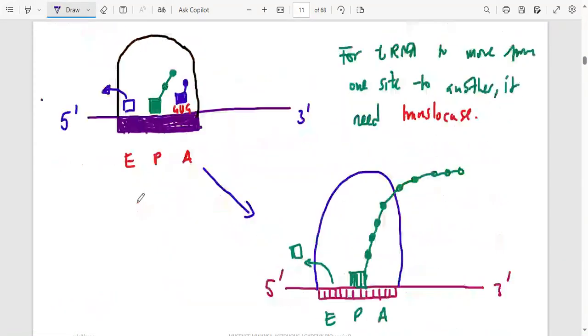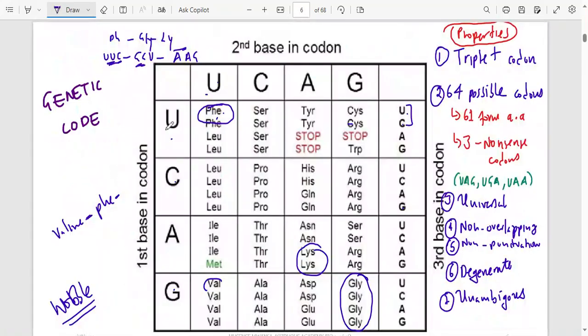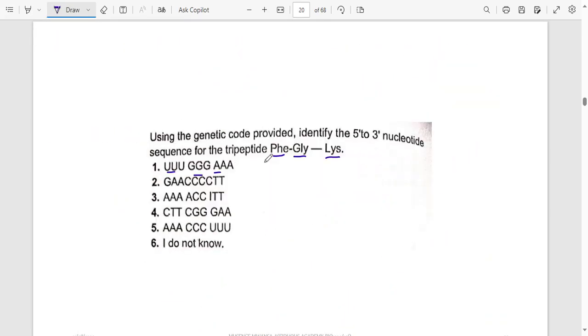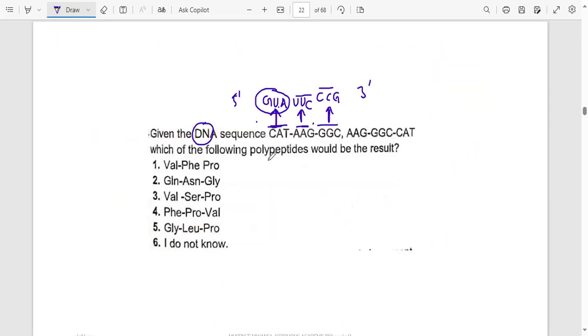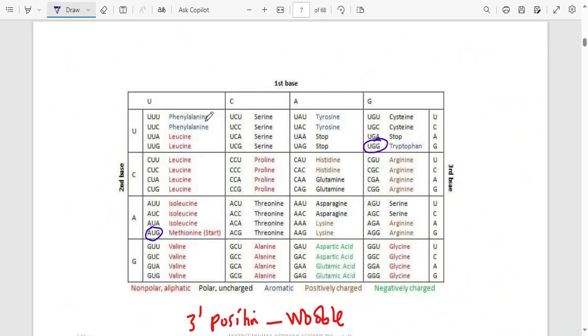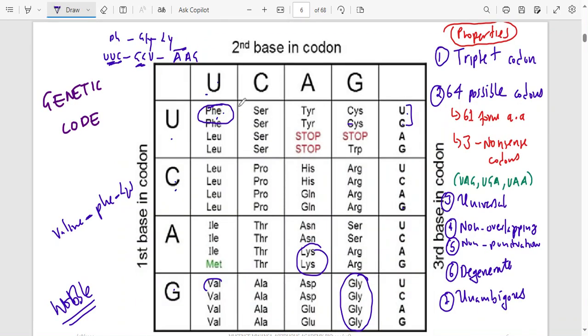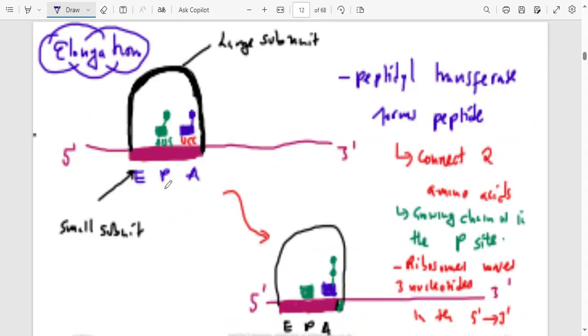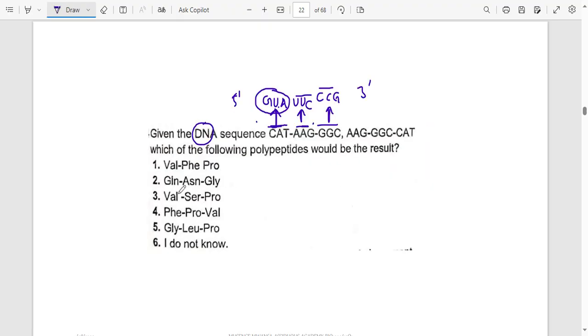AAA. Hope it's the one. If it is AAA, that is giving us lysine. So it's supposed to be valine, phenylalanine, lysine. Actually, this was CCG. That's proline. So valine, phenylalanine, proline. It's option 1.